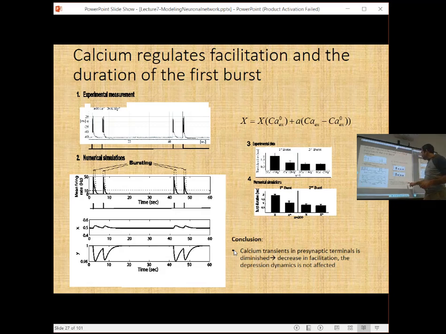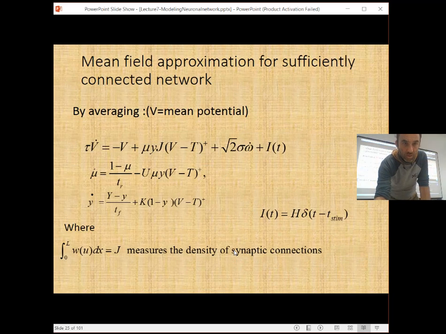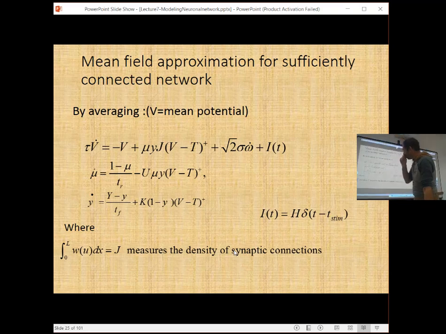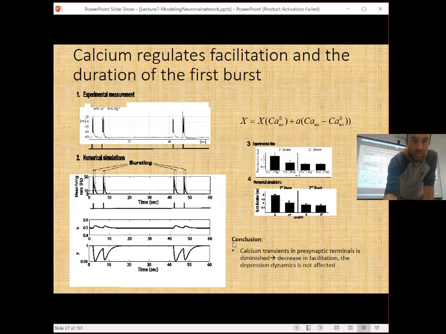So the calcium channel at the presynaptic terminal is diminished, a decrease in facilitation. Depression dynamic is not affected. I don't understand something here. I have to go back to the name of the variable because I changed it. So why here is the facilitation?